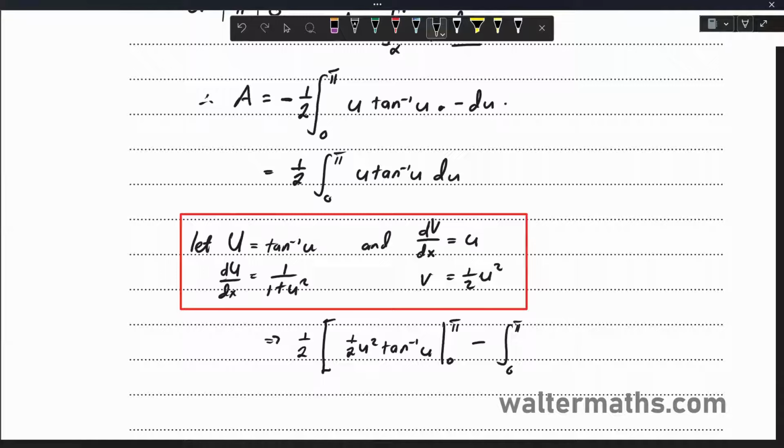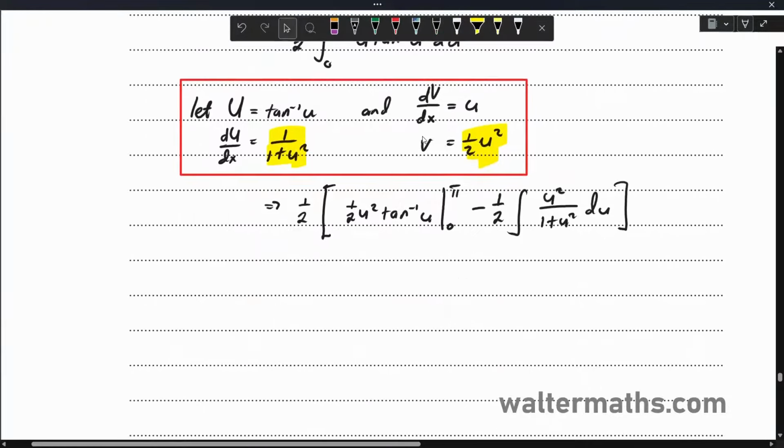So essentially, that's going to be a half of the integral of u squared over 1 plus u squared with respect to u. I just multiplied these two. So that's integration by parts, and I'll put a bigger square bracket right on here. So this is what we have, and let's carry on simplifying.